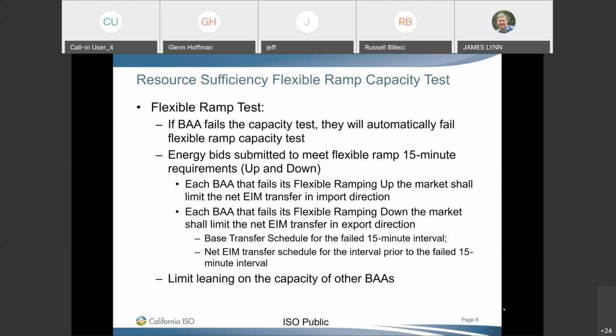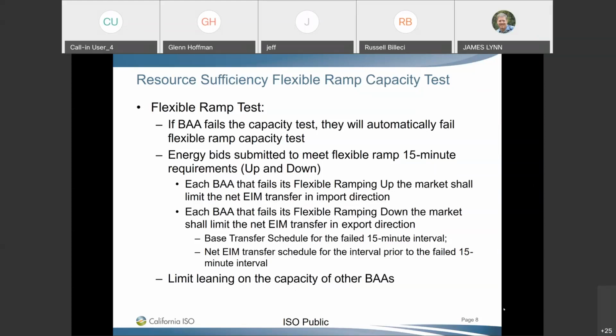So, for example, if the BAA had put enough bids in and had enough capacity to meet the imbalance need, but then when we look at the flexible resources, we determine that you don't have enough 5-minute flexible resources to meet the net load and uncertainty. In the upward direction, we're going to say you failed the flex ramp up test.